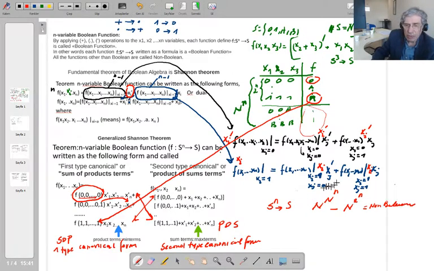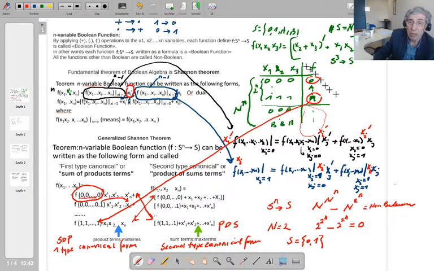Now, a very interesting conclusion that we are going to end up with. If capital N is equal to, so this is 2 to the power small n minus 2 to the power small n, equals 0. That means if the set S has got zeros and ones in it, not like this, then all the functions that you can define from S to the power n to S are all Boolean.